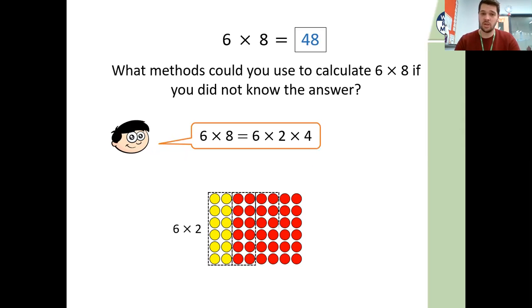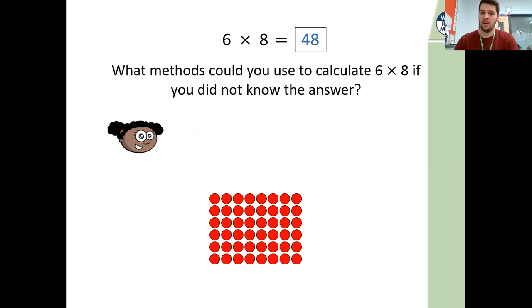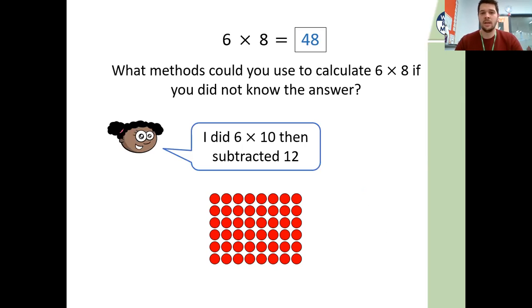So 6 times 2, 4 times. We know that 6 times 2 is 12. So then we can do 12 times 4, which is 48. Another method that we have there.